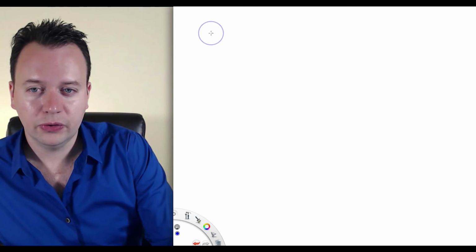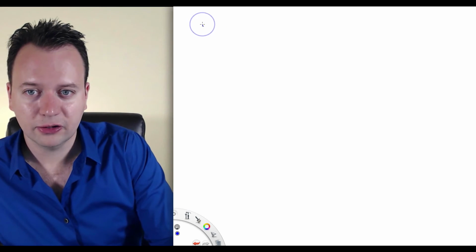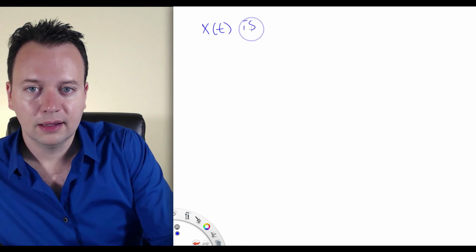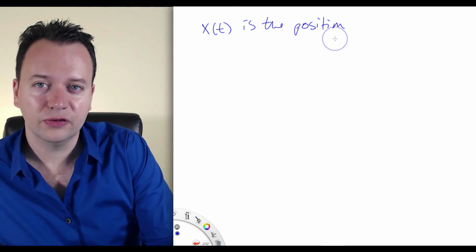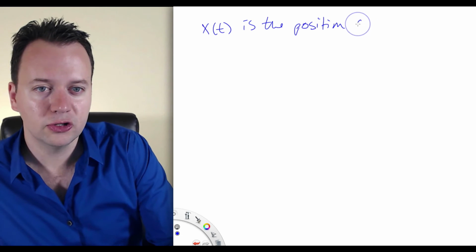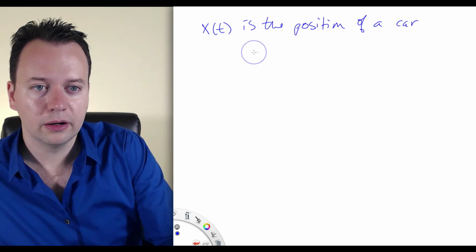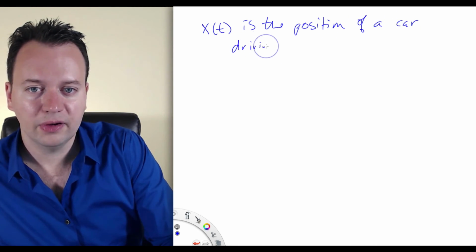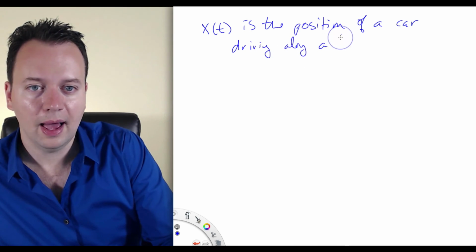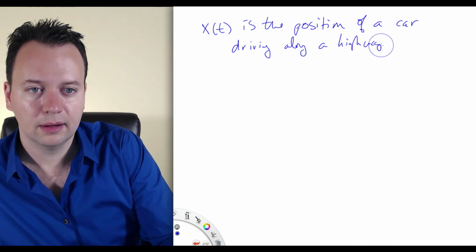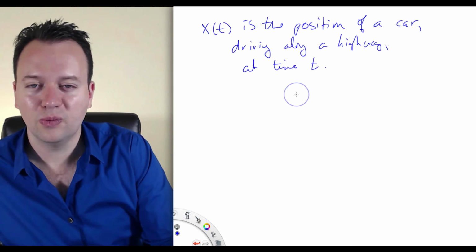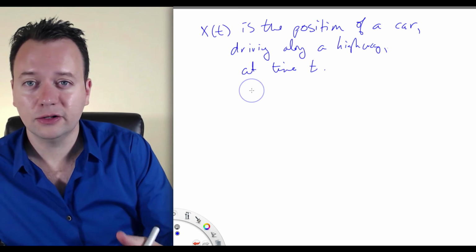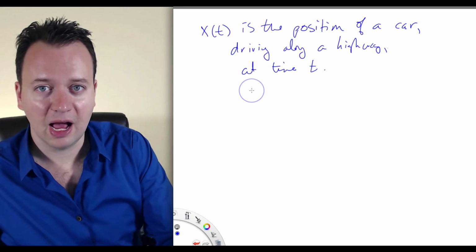Let's go back to an example we saw in a previous lecture where x of t is the position of a particle as a function of time. In this case, let's say it's the position of a car driving along a highway at time t. Here the position could be the mile marker, for example. Let's say it's driving in the direction of increasing mile marker.